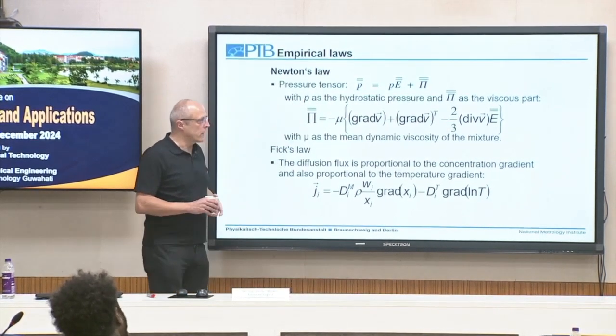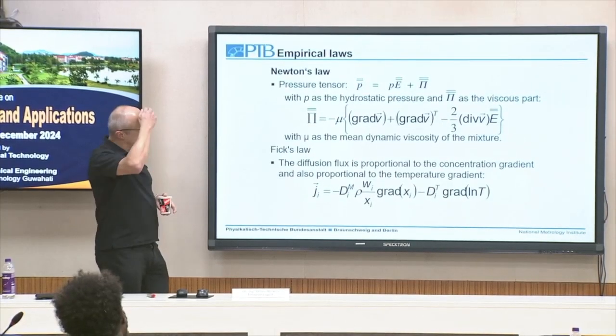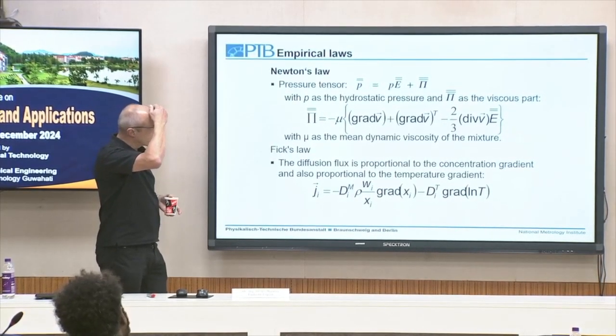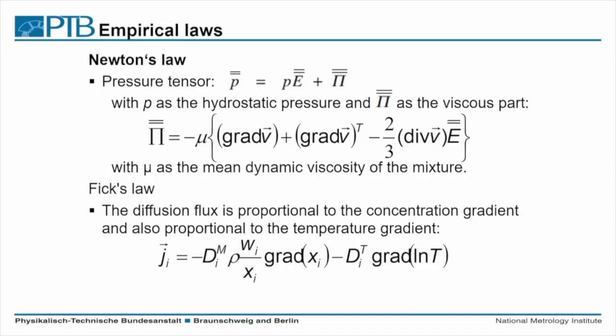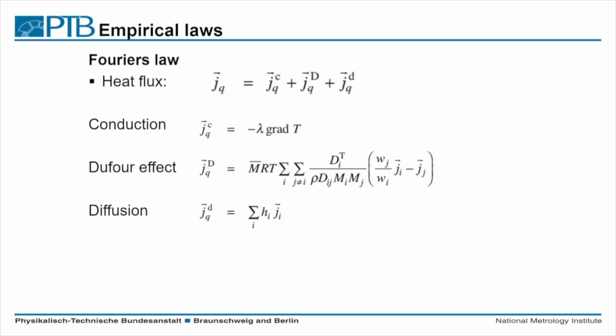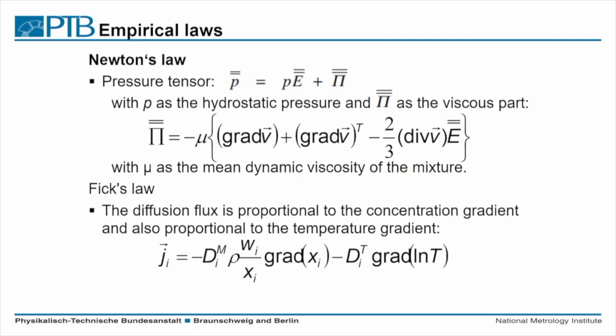So finally this gives us the viscous part of the pressure tensor, and then Fick's law, the diffusion flux here, is described by the diffusion due to a gradient of the mole fraction of species i, and here there's also diffusion flux due to a temperature gradient.